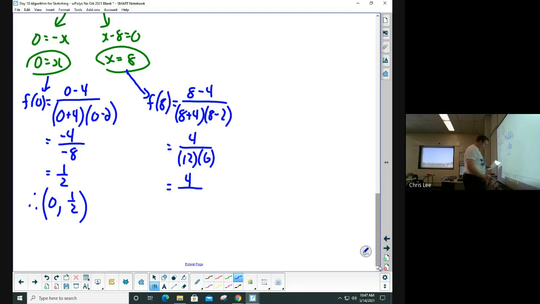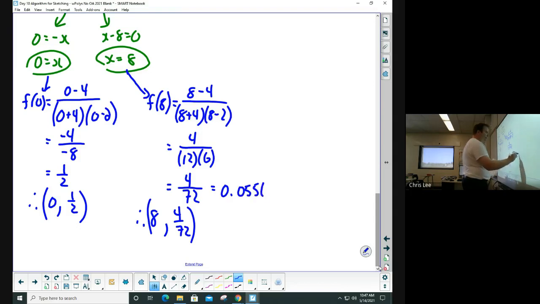So I get 4 over 72, which is a great point. 8, 4 over 72. But if I have to graph that, I think I probably want the decimal. And the decimal is 0.0556, like that. I know that's going to be really hard for me to graph. So I'll have to deal with that in a second.